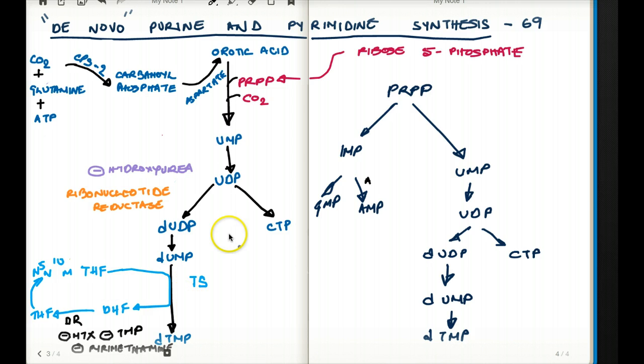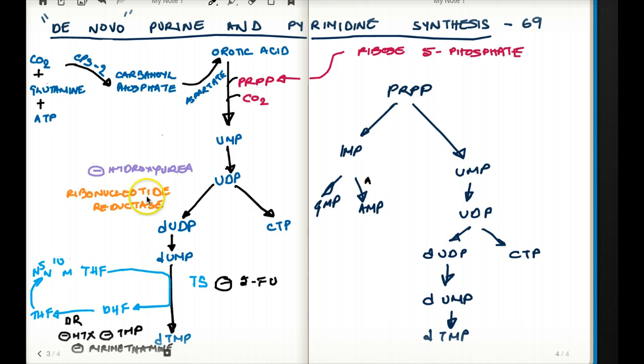I know from here to here, there's a lot of information, but every one of them is important. From DUMP to DTMP, we use the enzyme thymidylate synthase, and this thymidylate synthase is inhibited by 5-FU. I hate this drug. I hate this pathway. So 5-fluorouracil inhibits thymidylate synthase.